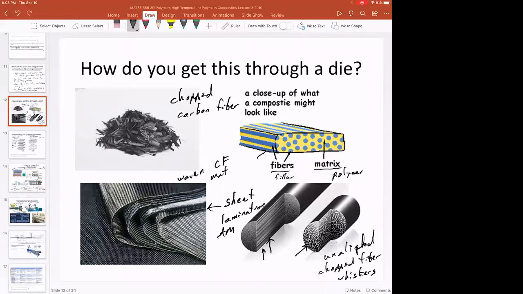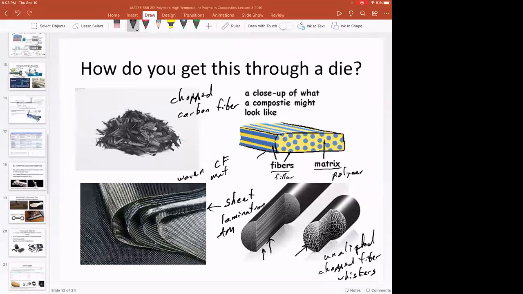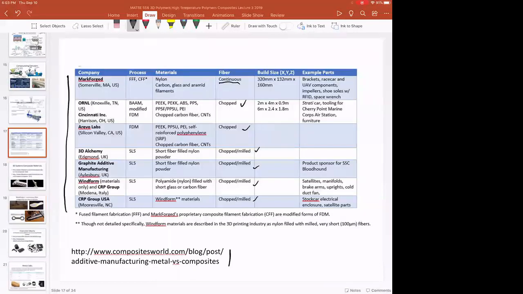However, this is really impossible to do in additive other than in sheet lamination. And it's even hard to get continuous fiber. So if you buy a golf club, that's a wound carbon fiber on a mandrel, or they make Boeing 787 fuselages using this carbon fiber winding process that I'll talk about as we get a little bit further on. But there's only one AM company that's really worked hard at this.